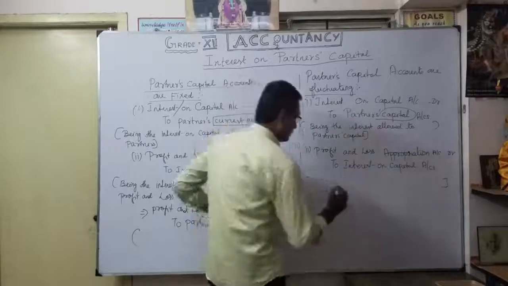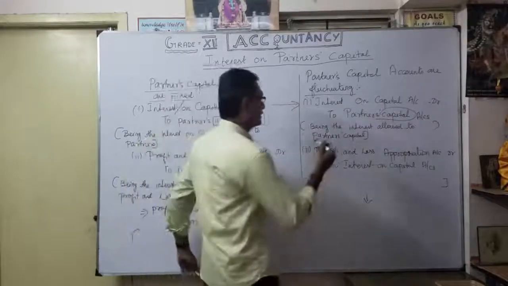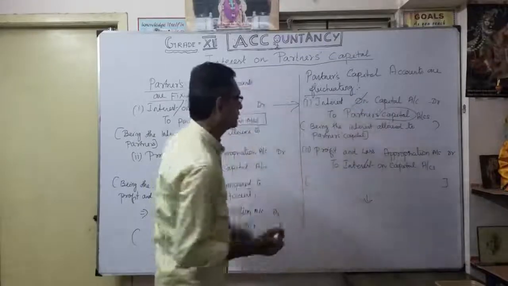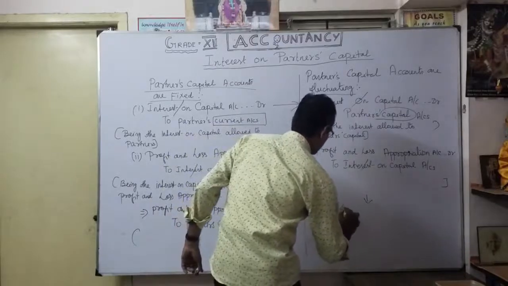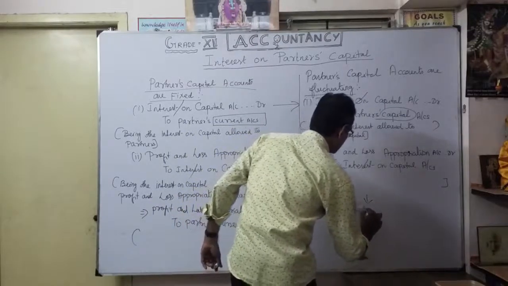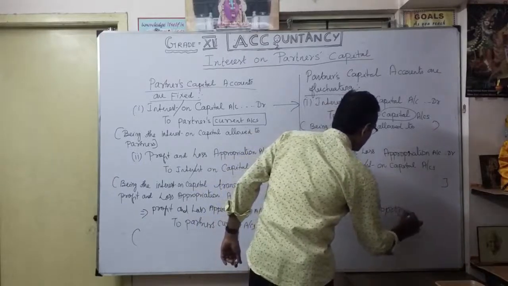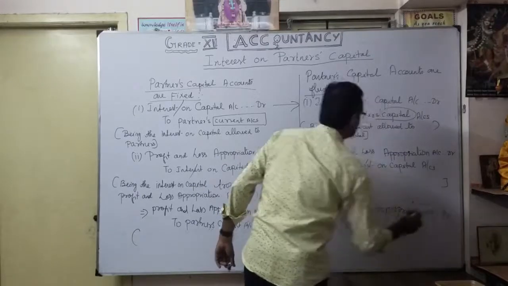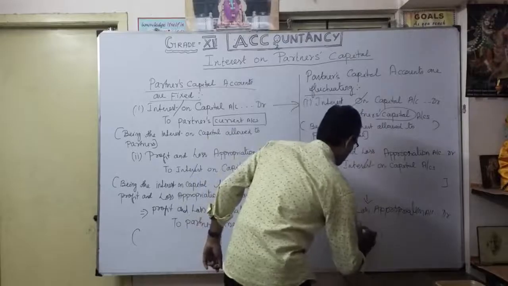Here also we can do the combined entry. Alternatively, the debit and credit cancel, so ultimately it is profit and loss appropriation account debit to partners' capital account.